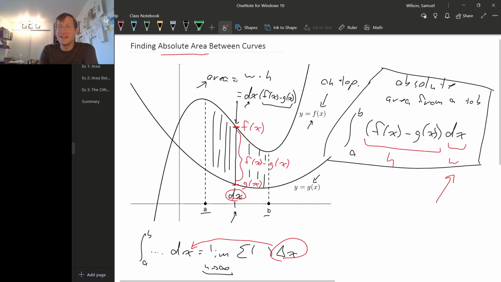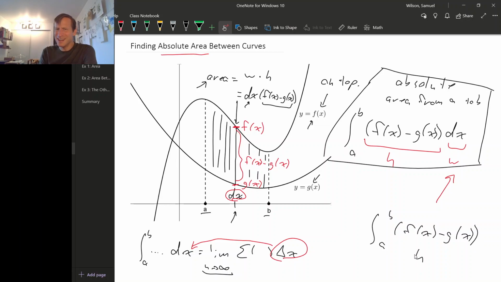If you omitted the differential and wrote the integral from a to b of f of x minus g of x, this would be the integral of just the height of the rectangle. That doesn't make sense because, first of all, this isn't infinitely small, and second, it doesn't represent an area. So this makes it clear why you need the differential. It is required for this integral to even make sense. So we'll look at some examples.